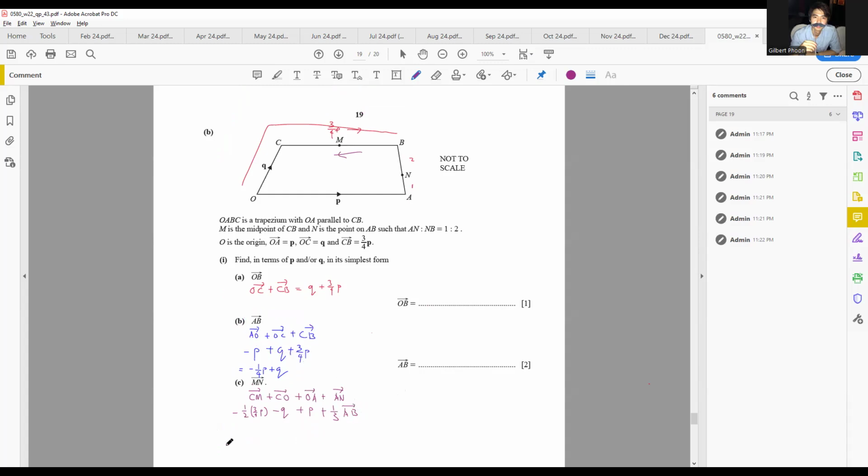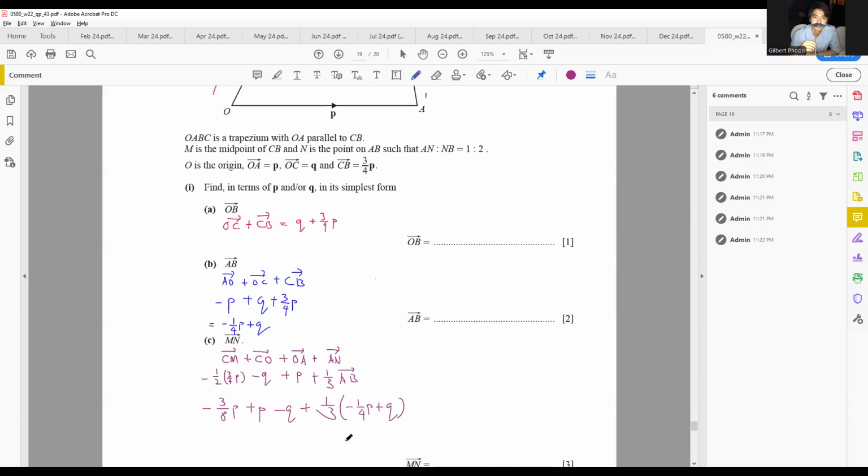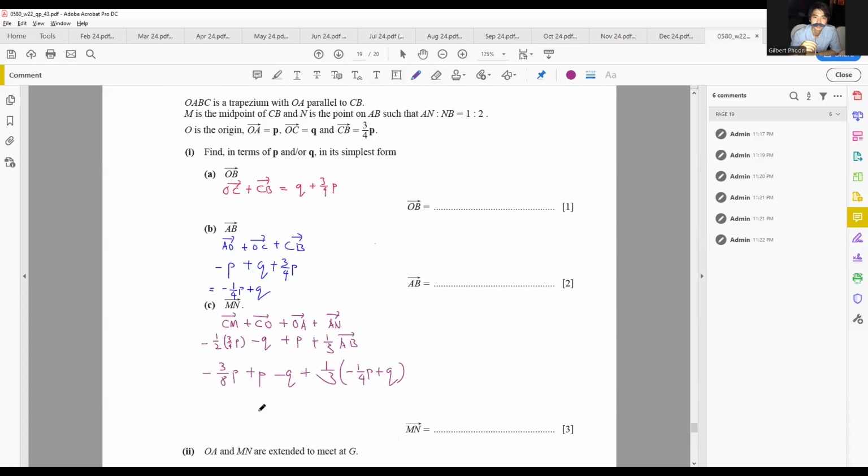So substitute everything in: negative 3 over 8P plus P minus Q plus 1/3 of AB, which is here, negative 1 over 4P plus Q. From here, just simplify the whole equation using your calculator. This one would be negative 1 over 12P, sorry, 12P, plus 1/3 of Q.